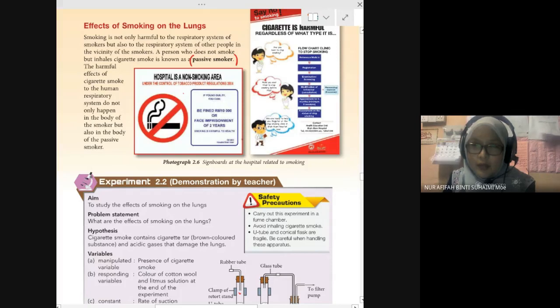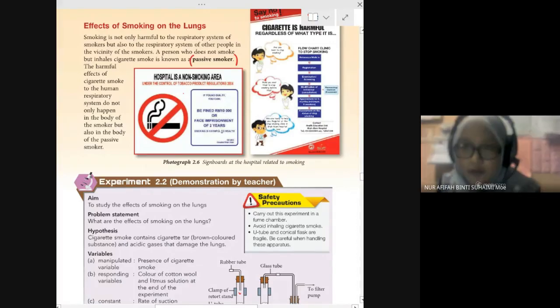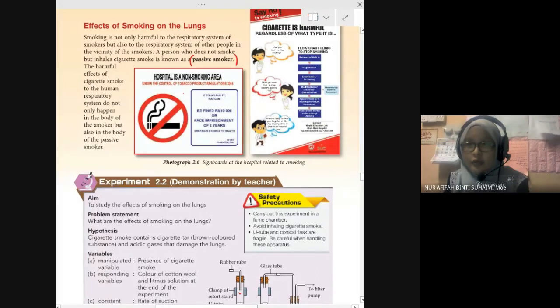Public place. So it will be fined ringgit Malaysia 10,000 or face imprisonment of 2 years. Ini contoh signboard at the hospital. Okay.